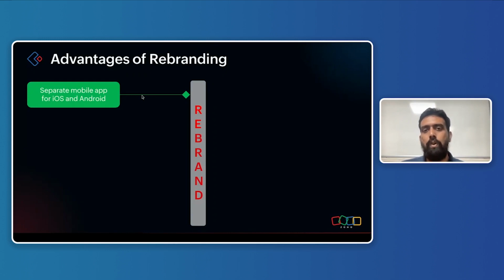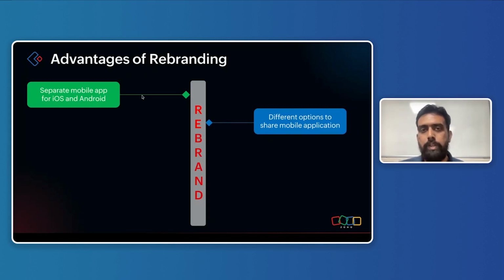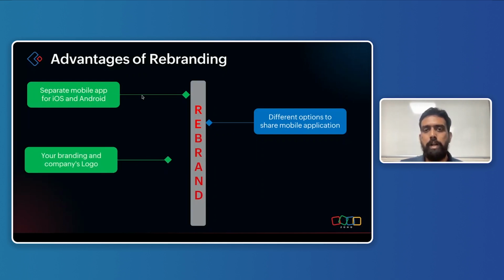You just need to follow the code signing process that we'll be explaining today, and you'll be able to have a separate application for iOS or Android. You also have different options to share mobile applications. Depending upon your requirements, you can share it in multiple ways.